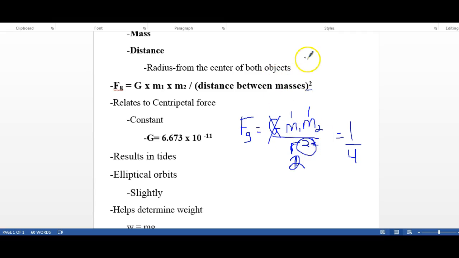That's why you have the sun, just a giant object in space, and then you have Mercury, Venus, Earth, I don't think these are the right sizes, Mars, and then we have the moon going around the Earth.